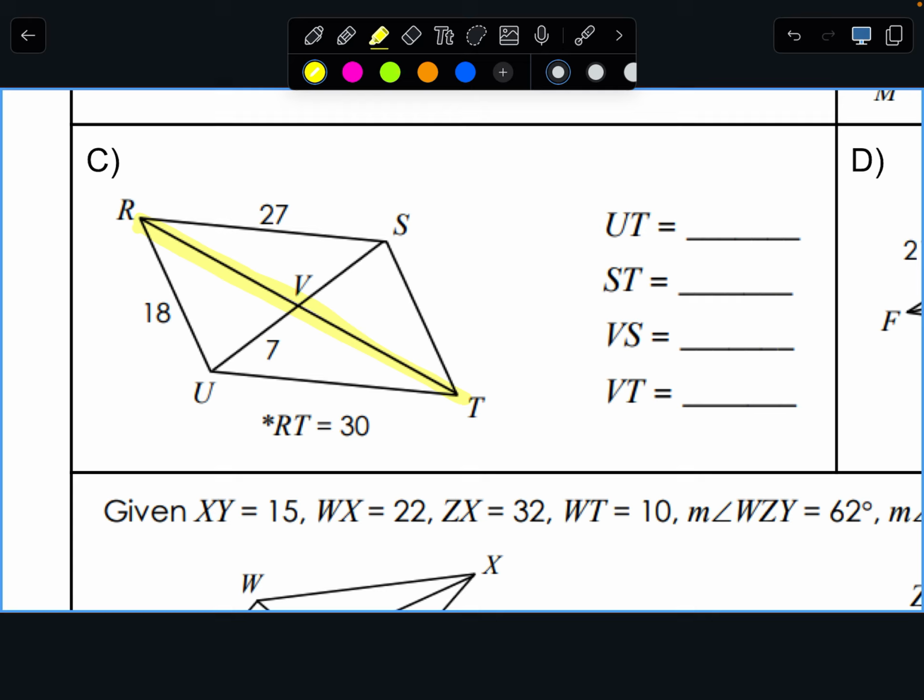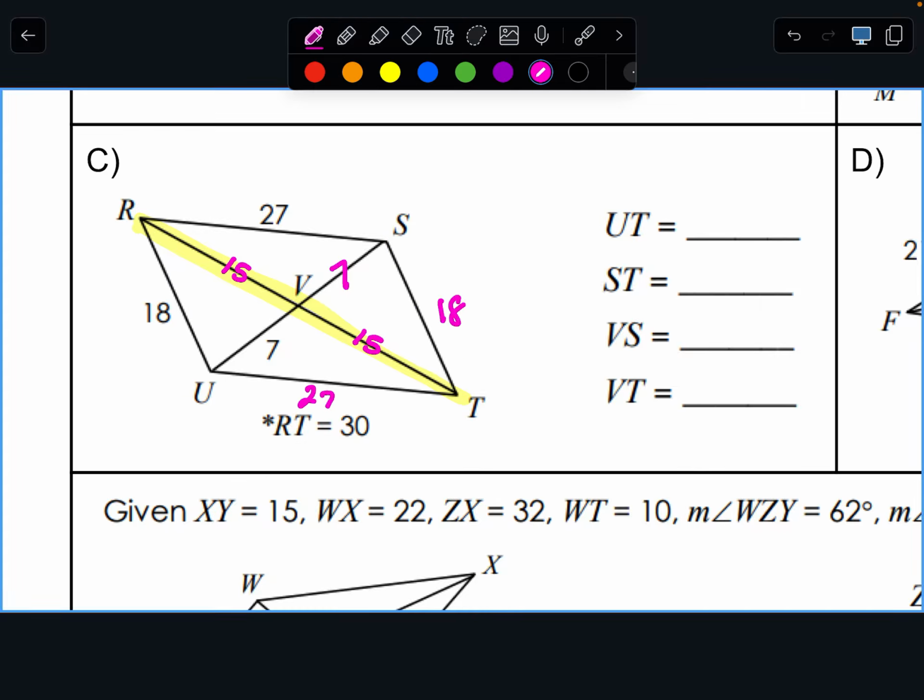Carlos? 15, because it bisects it. It cuts it into two equal pieces. So this is 15 and this is 15. It also means that VS is how much? 7, because it has to be the same as this one. I told you this piece, so it has to be the same. And then UT, if this top piece is 27, then so is the bottom piece. And if this is 18, then this is 18.